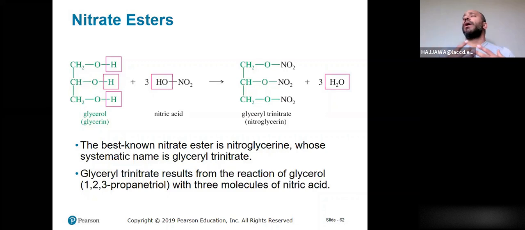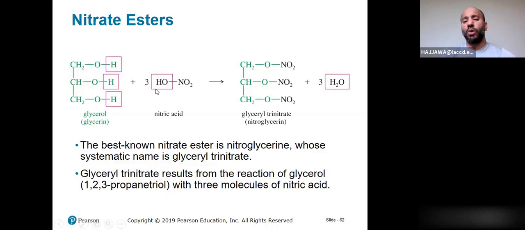Here are some other moieties that you could make esters out of. So if I take, for example, glycerol reacting with nitric acid, in all of these esterification reactions we are always going to generate water: H from the alcohol and OH from the acid. If it's a carboxylic acid or nitric acid or sulfuric acid or phosphoric acid, as we're going to see next.